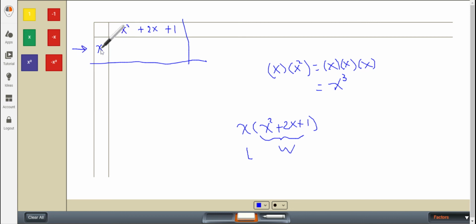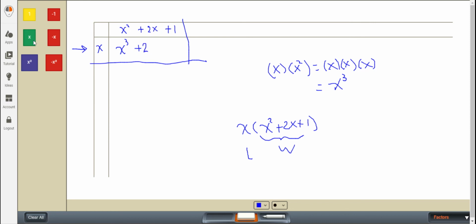When I multiply x by x squared, we already established that this is x cubed. I just don't have a tile, but it doesn't matter. So this is x cubed. And then a positive number multiplied by a positive number is going to produce a positive number. Then x multiplied by 2x. Let's see if you can remember what that would do.